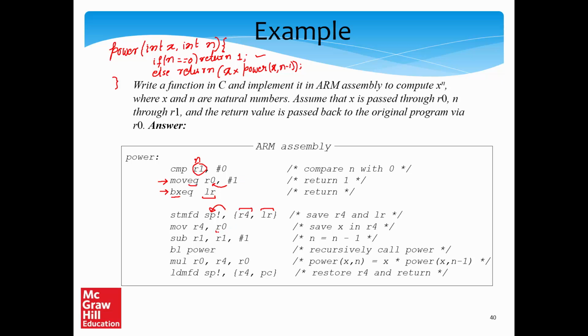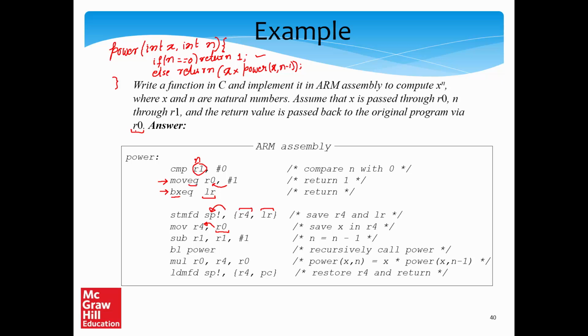Subsequently, we move the value of x, which is in R0, to R4. The main reason for doing this is that R0 is also carrying a return value. In general, in the ARM ABI, the Application Binary Interface, the convention is that return values typically come via R0, and the arguments are typically passed in R0, R1, R2, and so on.